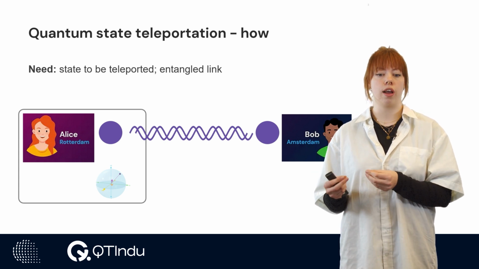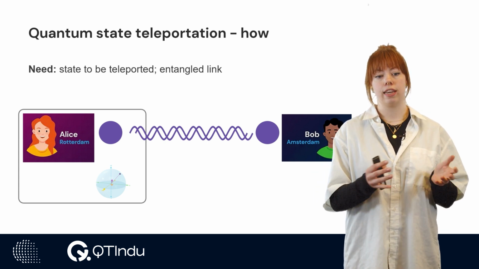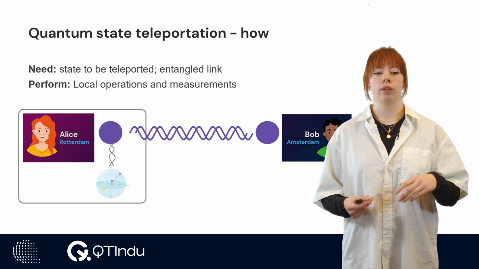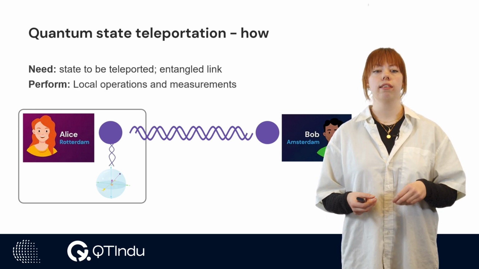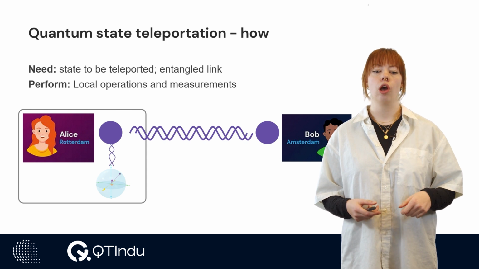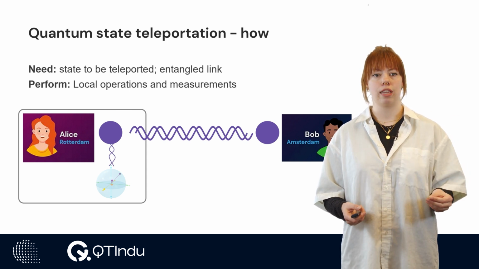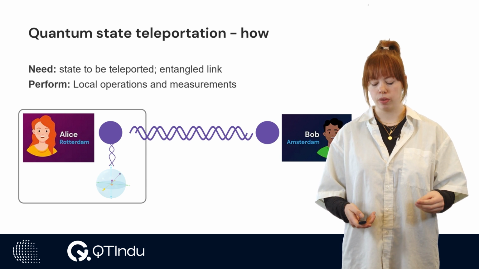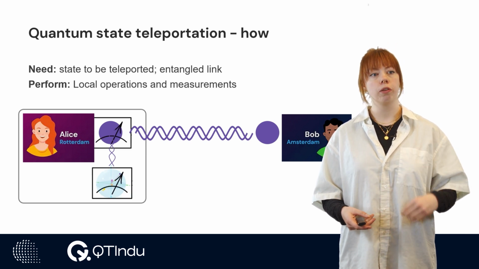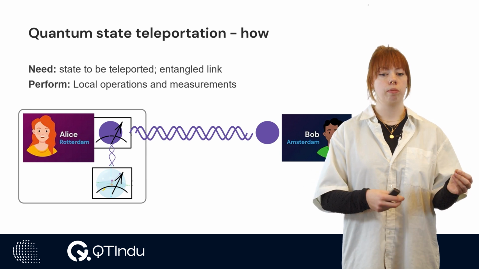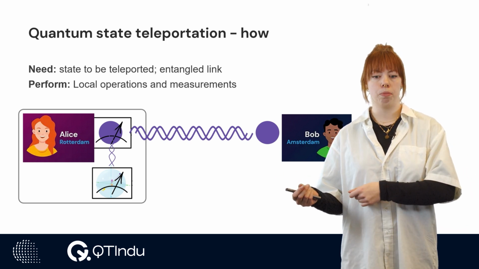Once this entangled link is established, which is a generic link, so we can do it or try multiple times without affecting the state that Alice wants to teleport, then the sender, Alice in this case, can perform some local operations to also entangle her end of the entangled link with the state that she wants to teleport. Then she performs measurements on both of these qubits and sends the outcomes of the measurements over to Bob.